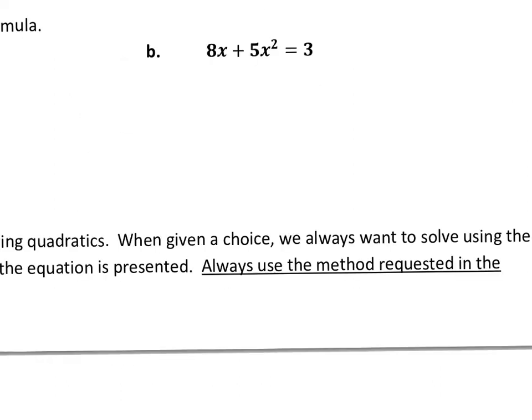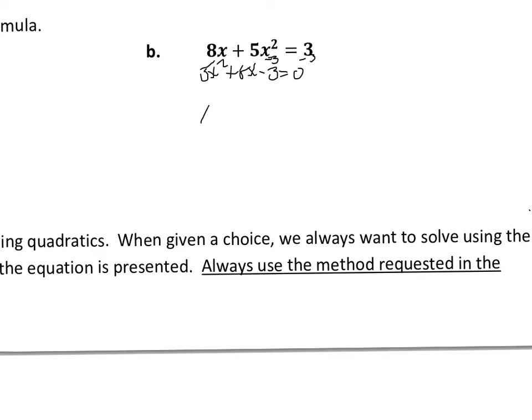All right, so part B here, what's the first thing we have to do? Get everything on the same side and put it in descending order. So we minus 3, and then write in descending order. We get 5x squared plus 8x minus 3 equals 0.